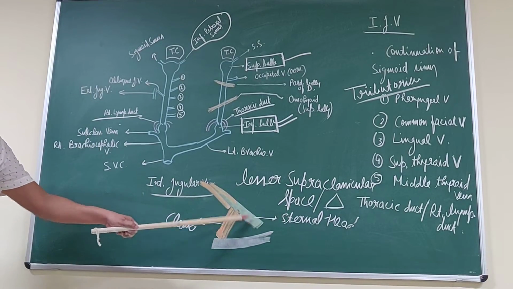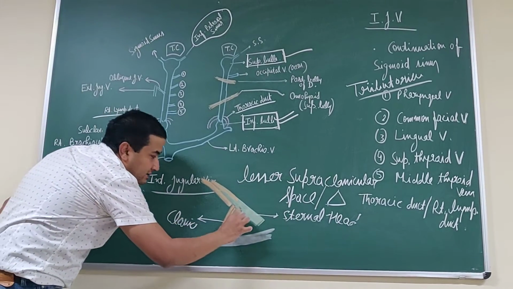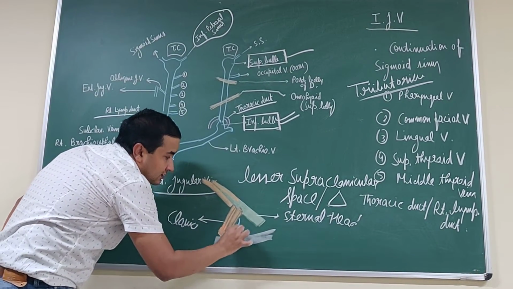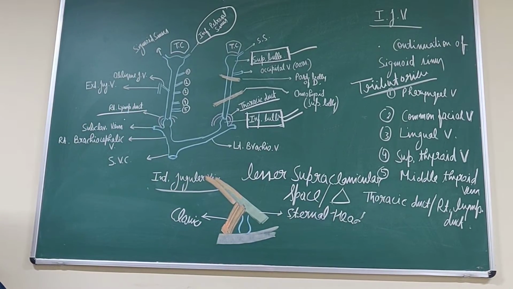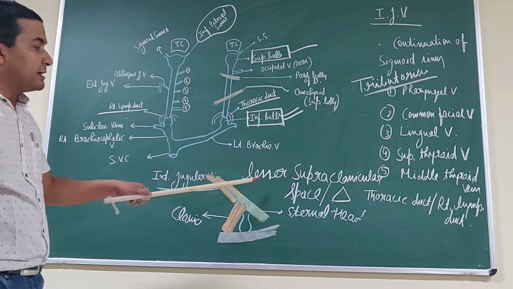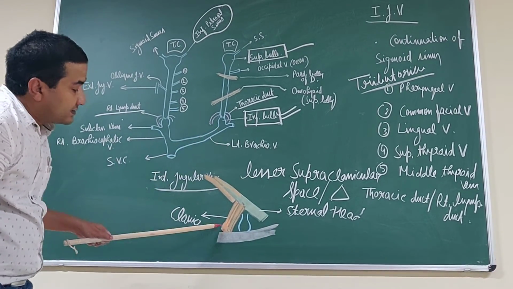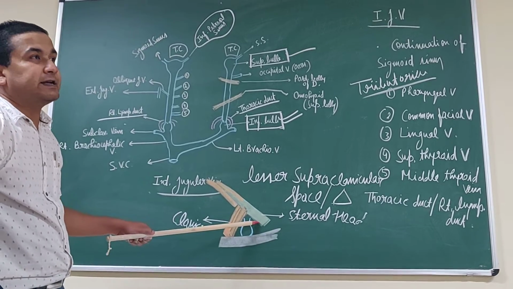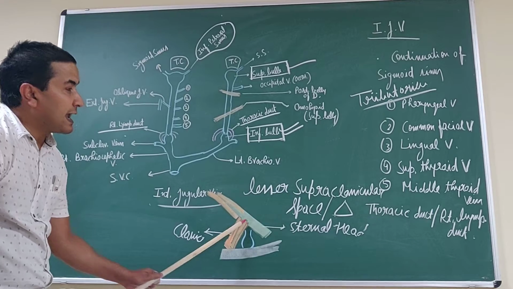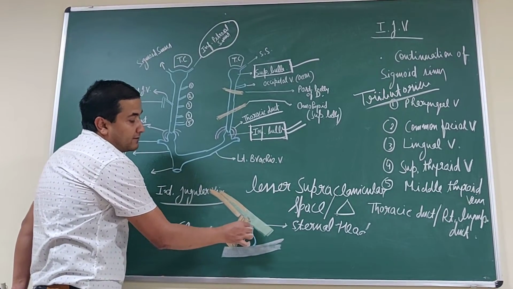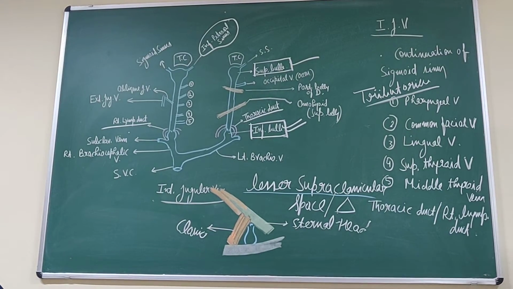This triangular space, the lesser supraclavicular space, is where the inferior bulb of the internal jugular vein is present. So, to pass a needle into the internal jugular vein, this space is identified and the needle is directed posteriorly and above towards the apex of this lesser supraclavicular space.